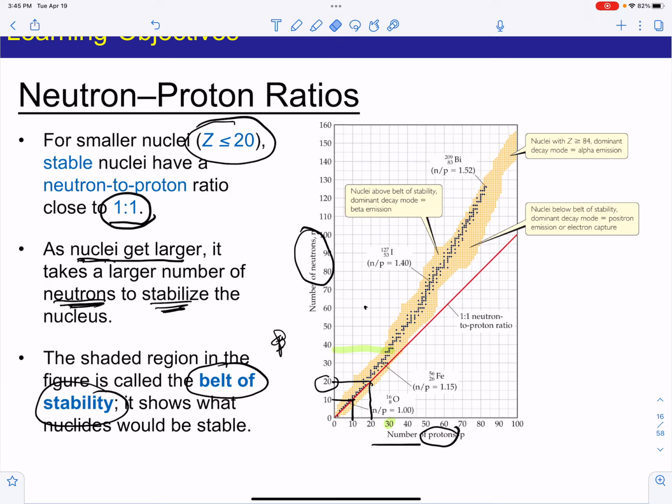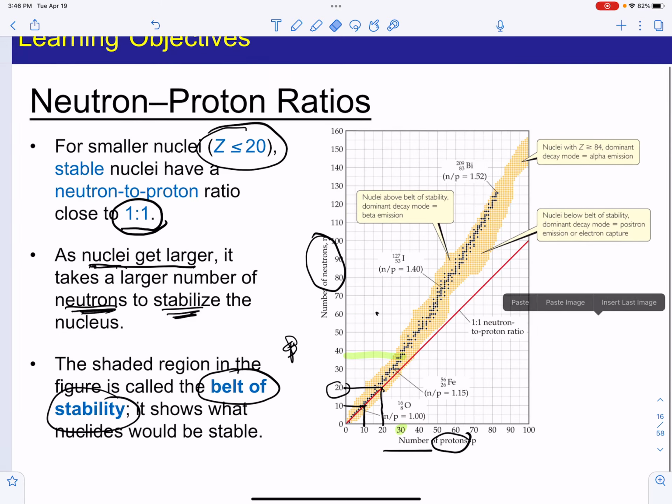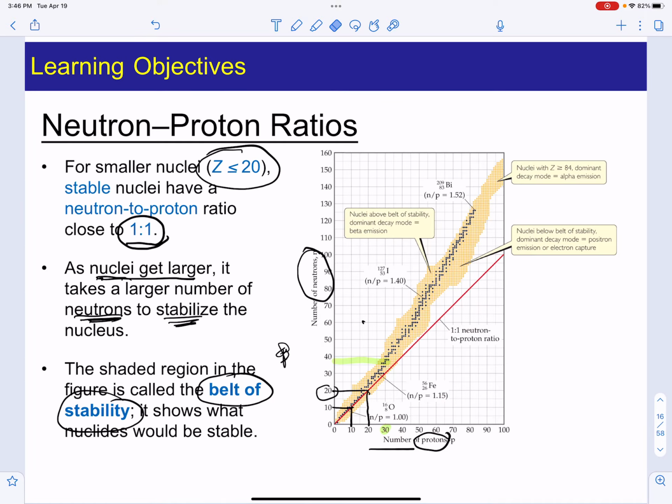So the 1:1 ratio is very important, but that's only going to happen for elements 20 or below. All the other elements, we are going to see some other trends that allow us to say that they are stable.